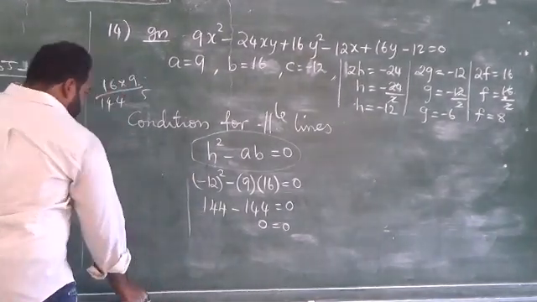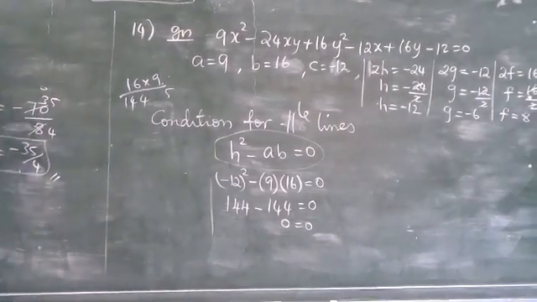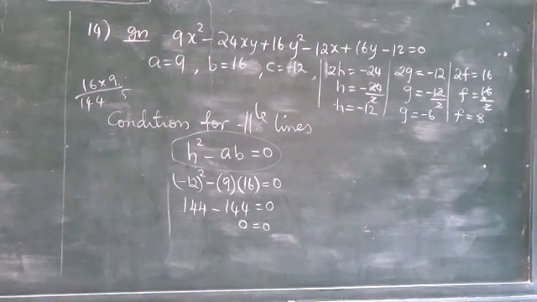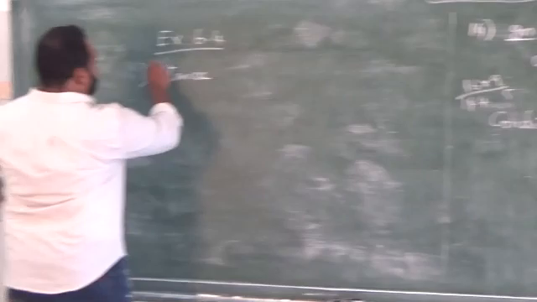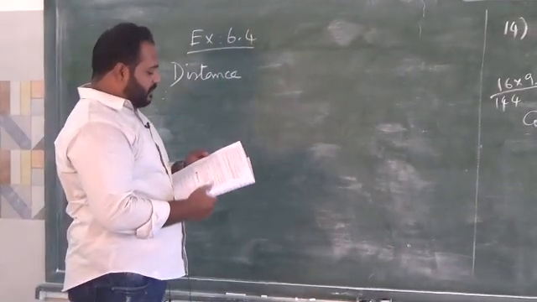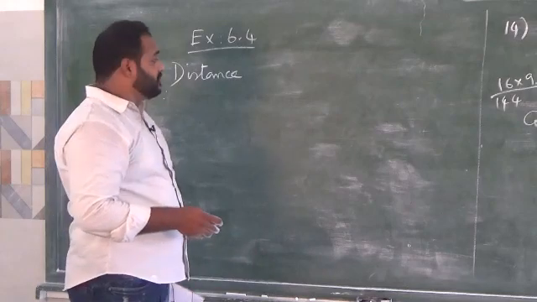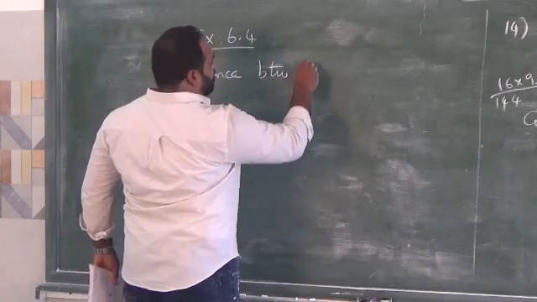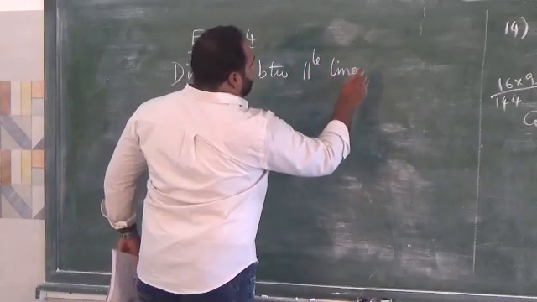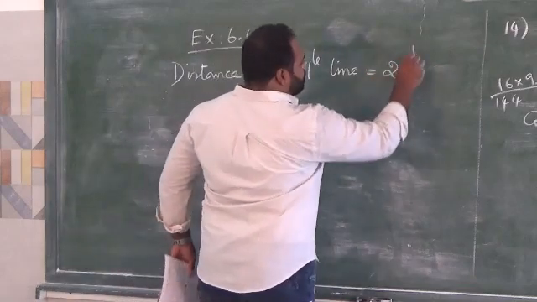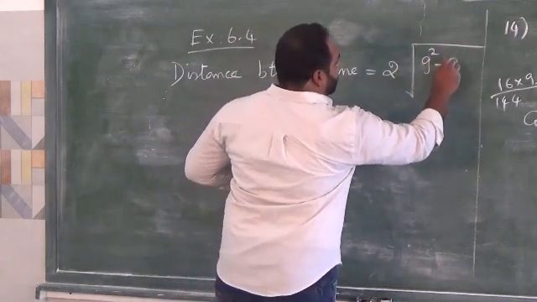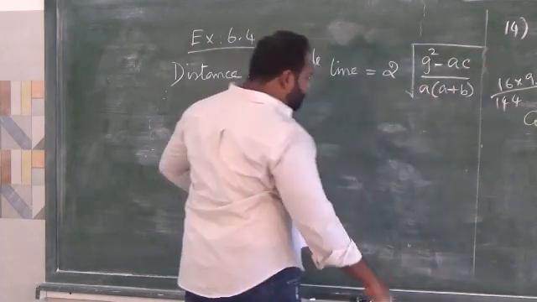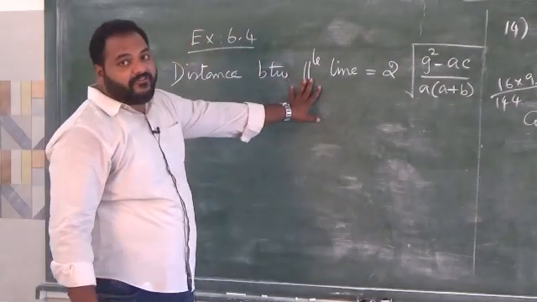Next, they are asking to find the distance between these two parallel lines. The formula is already in the book, so directly I am going to give the formula. We just learn this formula. The distance between a pair of parallel lines is equal to 2 root of (g square minus ac) by a into (a plus b). This is the formula for finding the distance between a pair of parallel lines.